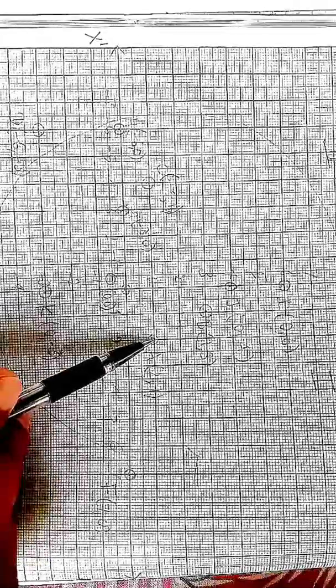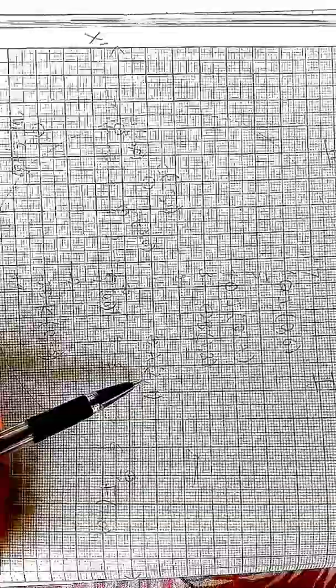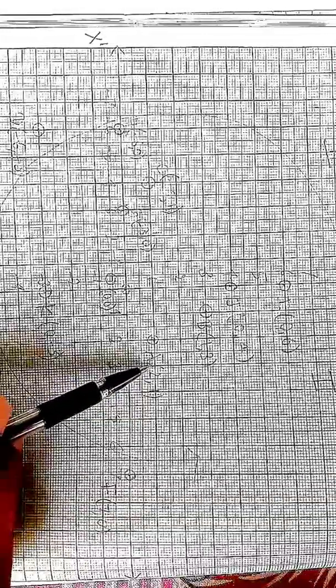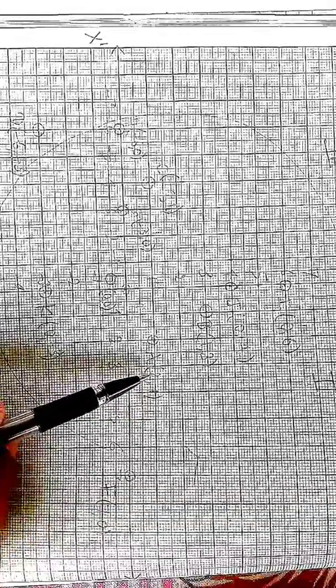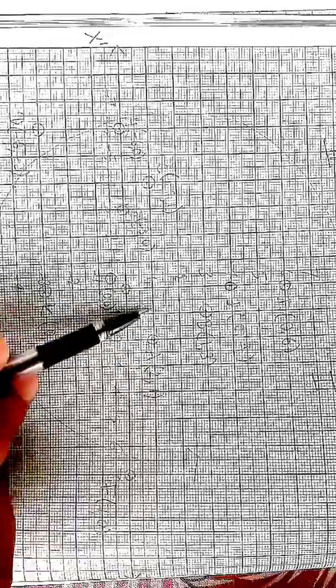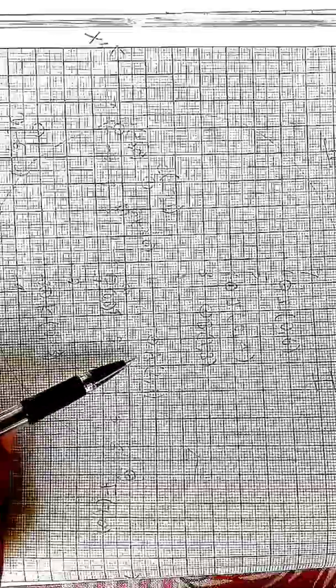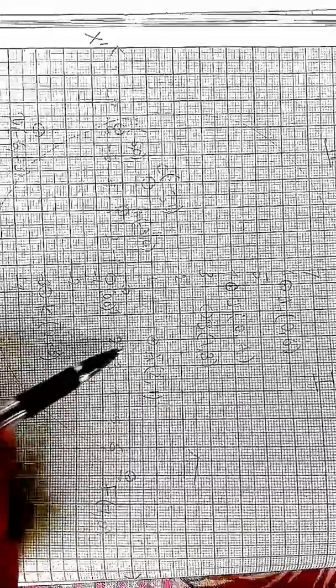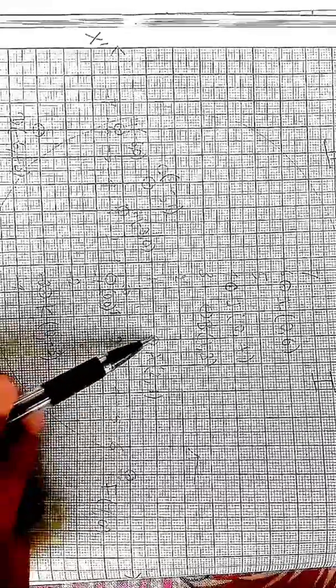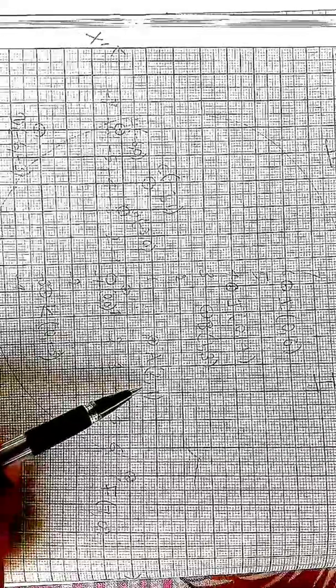And for plotting a point, suppose this is a point, we have to name it. We take firstly x coordinate, and x coordinate is the distance of the point from y-axis, which is 2 units, so x coordinate is 2. And its distance from x-axis is y coordinate, which is 1, so y coordinate is 1.